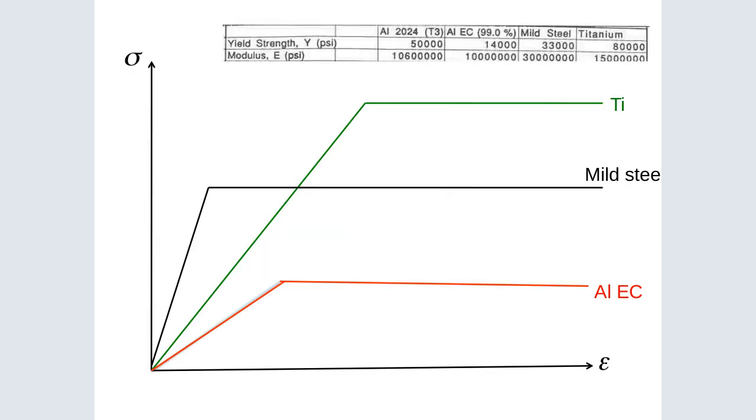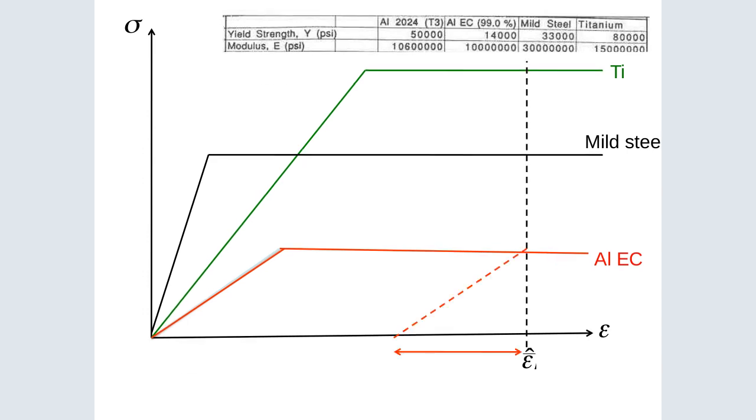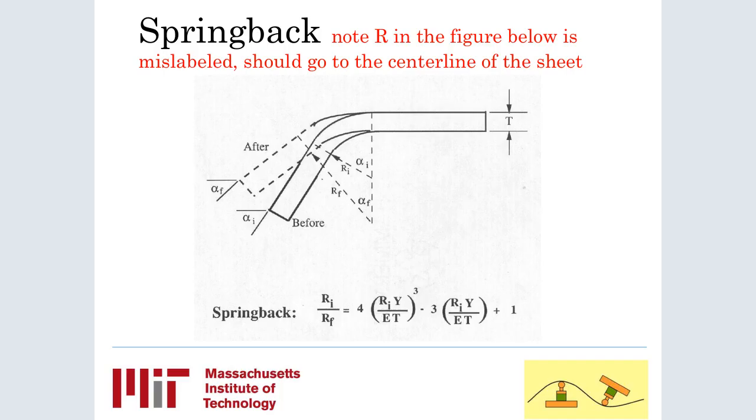So all those, you can see the graphs of the yield strength of the springback. Now note that the R in the figure below is mislabeled, it should go to the center line of the sheet. You can see now where the middle, wherever it is bending, that is the R point.